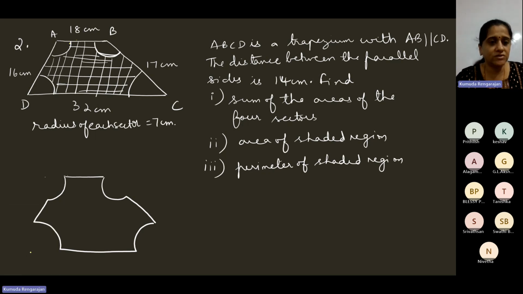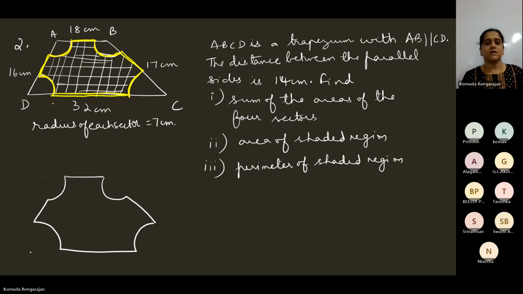I'm highlighting the boundary of the shaded region. All of you agree? This is the boundary of the shaded region.